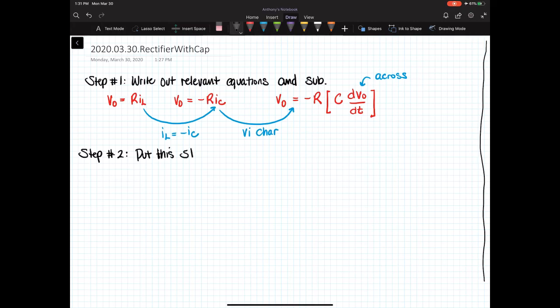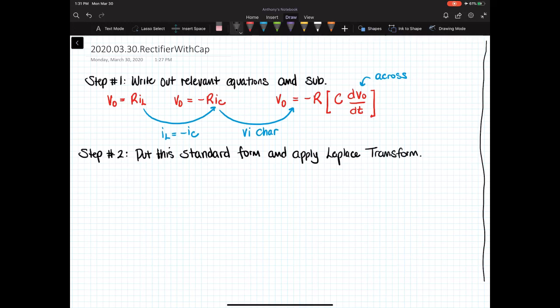Put this in standard form, and apply Laplace transform.